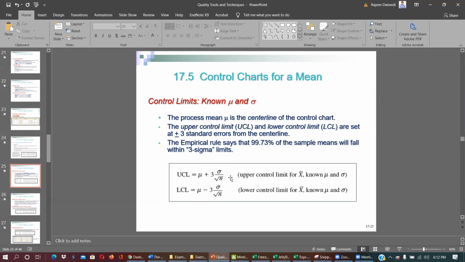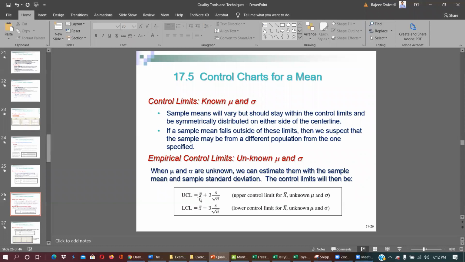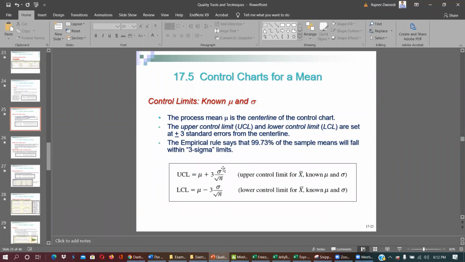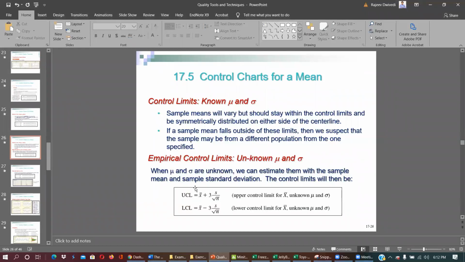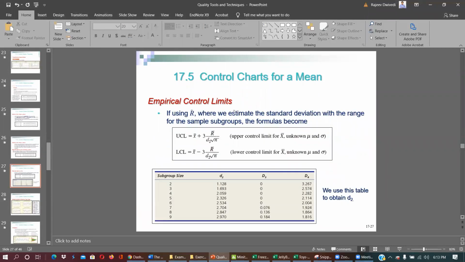Remember, these are population parameters, and here these are statistics: the sample mean, sample standard deviation, and sample size. So these are control limits, because in a question you will be asked. If the population is given, you need to use this. The formula is the same, but the notations, parameter and statistic, are changed. Exactly the same thing.